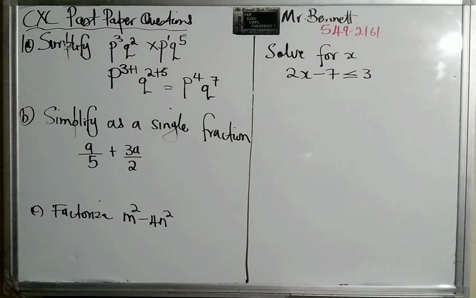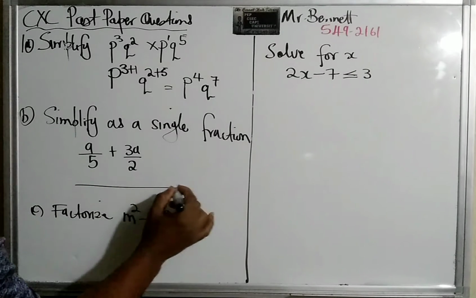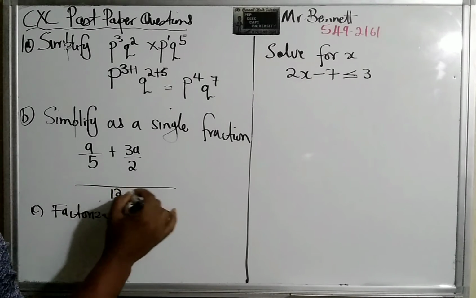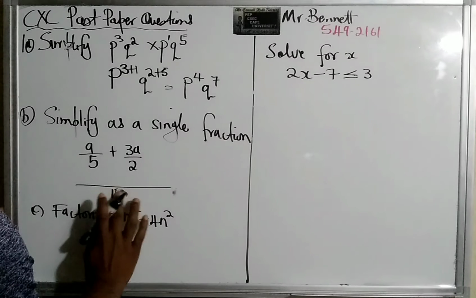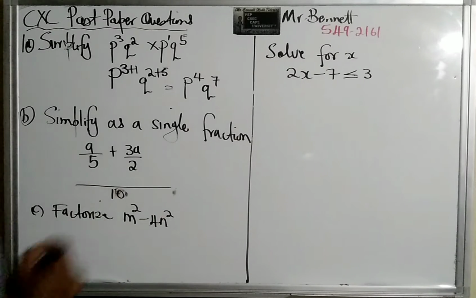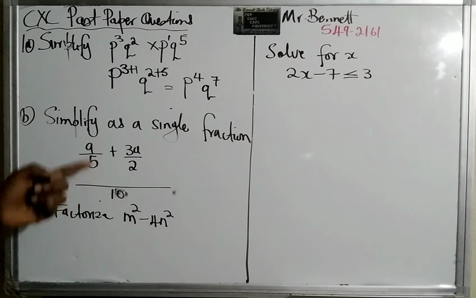Alright, this one says simplify as a single fraction, and CXC would like to give these. Now we approach this the same way we do a fraction, because this is basically an algebraic fraction. So the lowest common multiple of 5 and 2 would be 10. So remember, when we're adding or subtracting a fraction, we always find the lowest common multiple.